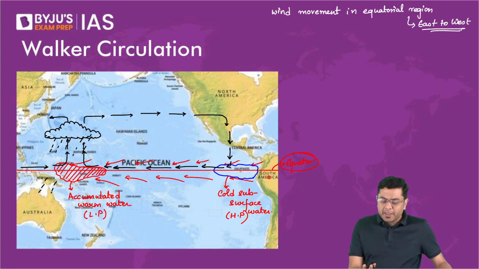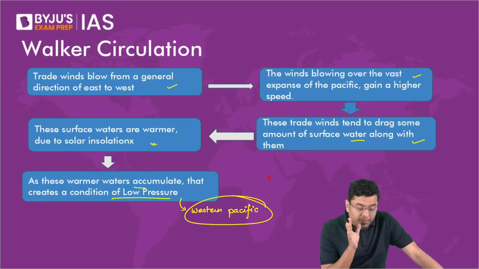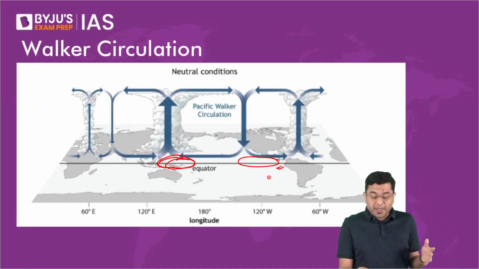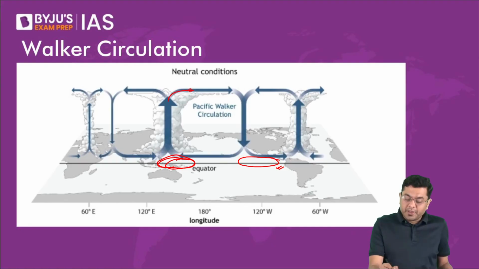The East Pacific. So the Peruvian coastline, will it receive rainfall or will it be dry? What do you think? It will be dry. So under normal conditions, the Peruvian coastline is drier, and there you have the circulation. So this rises up further. It diverges in the region of the tropopause.